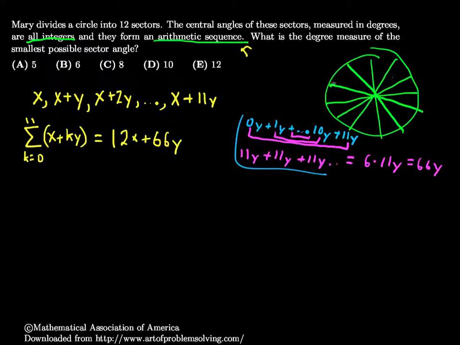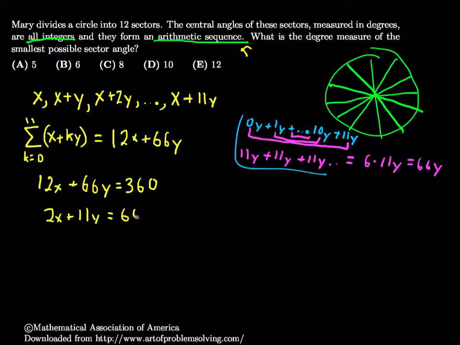I know that the sum of all of the central angles in a circle is 360 degrees, so I have to solve 12x plus 66y equals 360. These numbers are kind of big. I notice 6 divides every term evenly, so by dividing out that common factor of 6, I get 2x plus 11y equals 60.